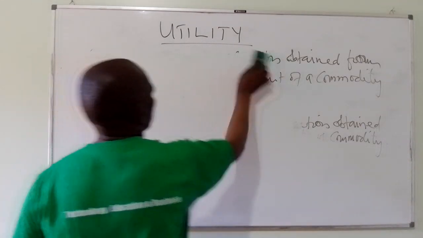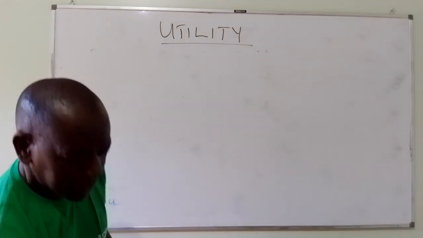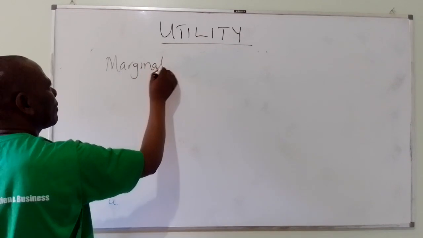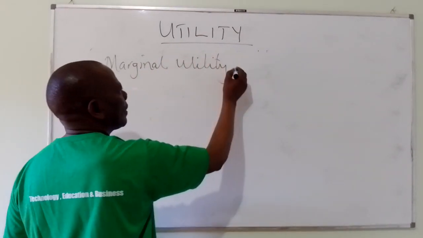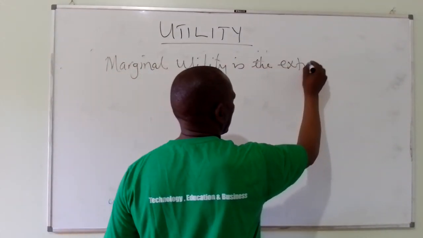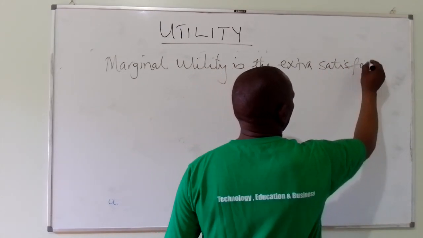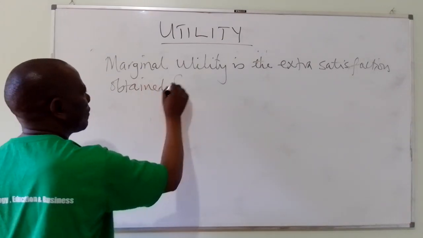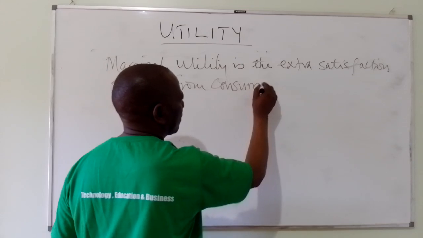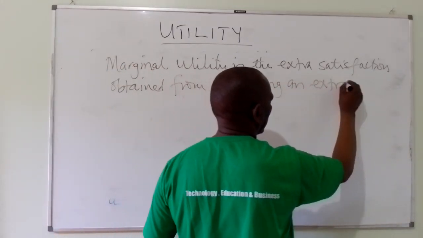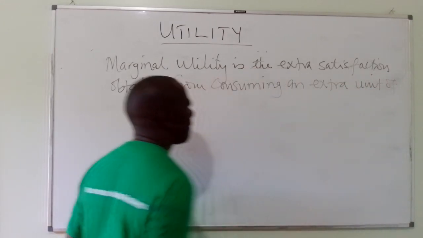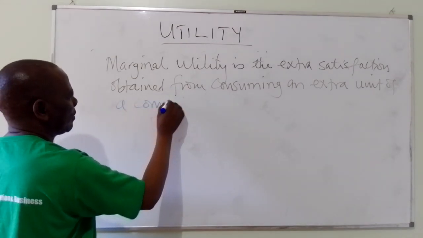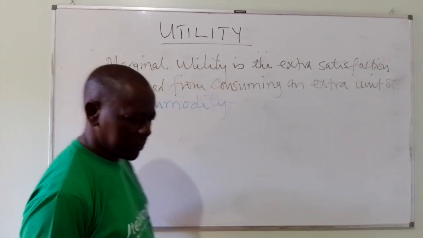Let me be very clear. So we are saying marginal utility is the extra satisfaction obtained from consuming an extra unit of a commodity.